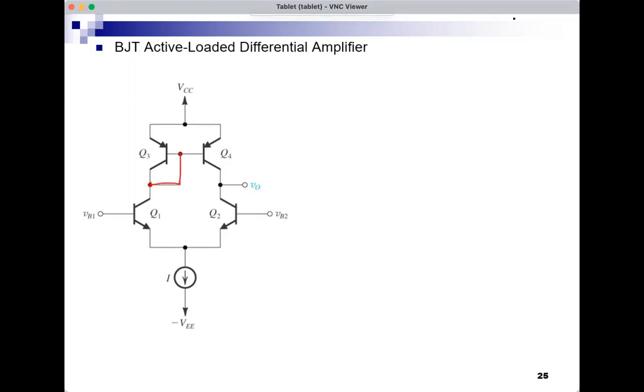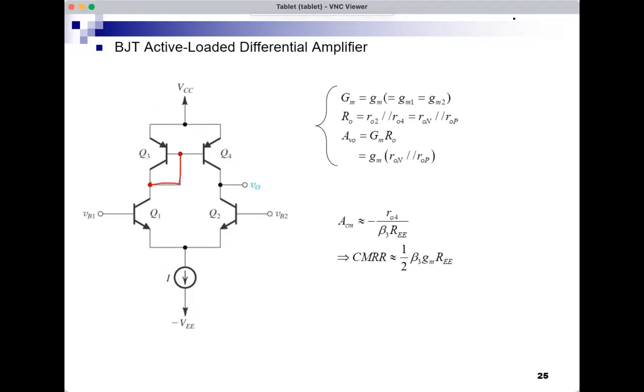Again, if we do small signal analysis, we can show that the gain is GM times RON parallel ROP, and that's AD. And ACM is minus RO4 divided by beta REE, and that's a pretty small ACM.